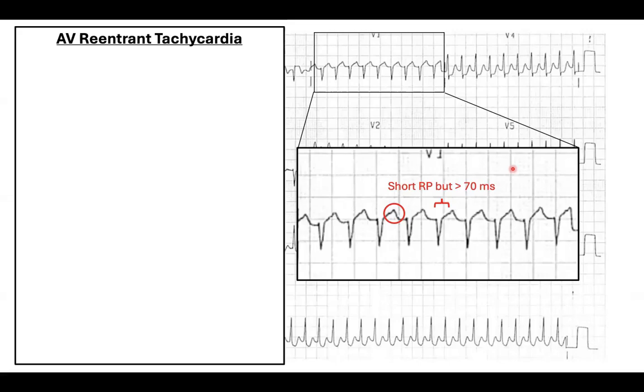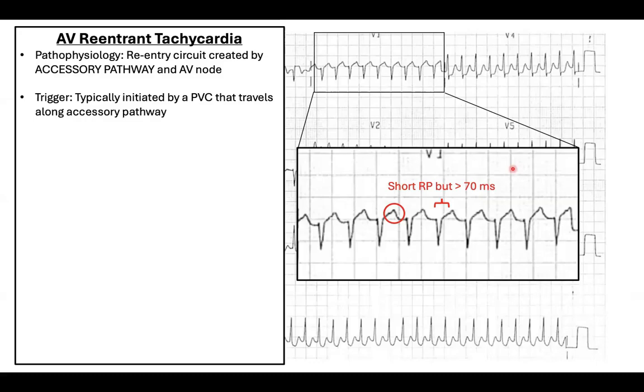So thinking about our pathophysiology for this tachycardia, again, we have a re-entry circuit, but this time it's created by an accessory pathway and the AV node, as opposed to our AVNRT, which was within the AV node. Here we have a circuit that involves the AV node, but does not occur only within the AV node itself. It's involving an accessory pathway, and that's a key difference here.